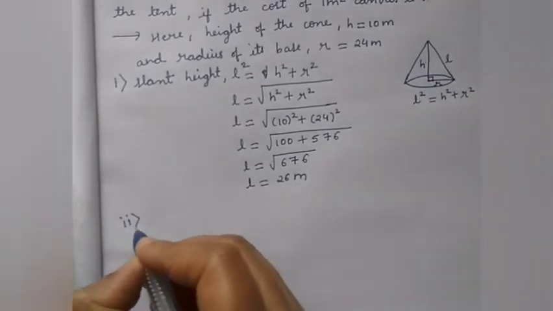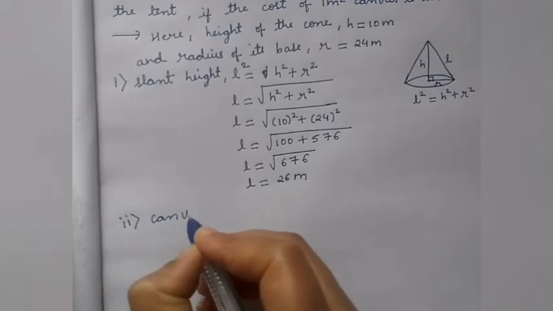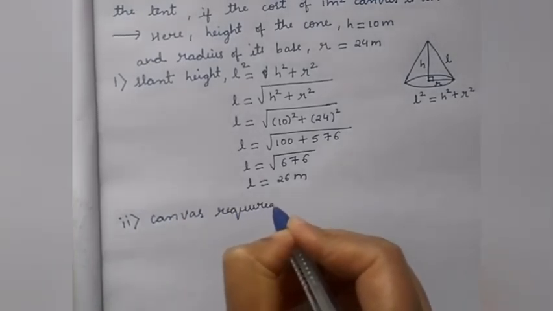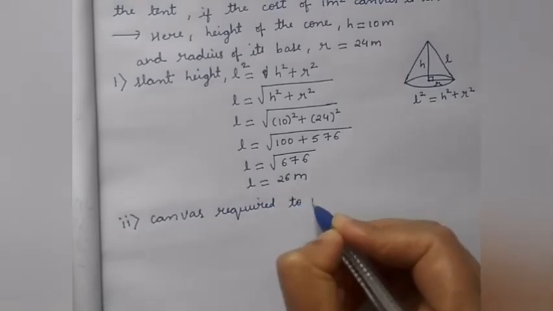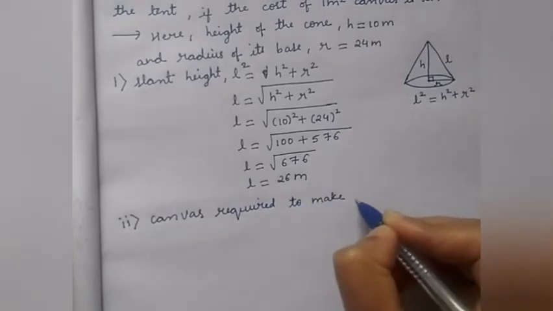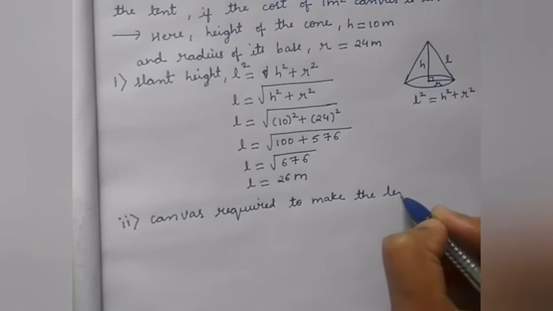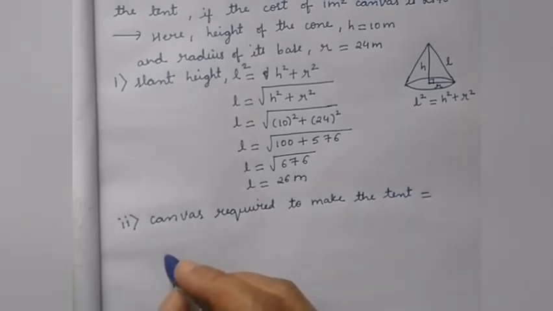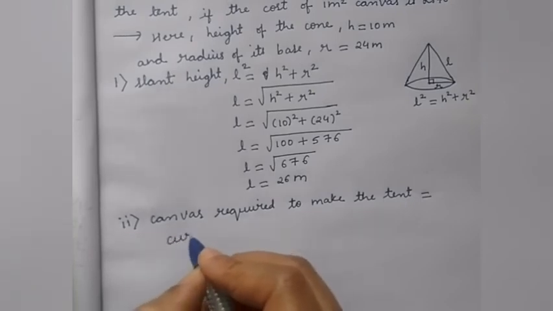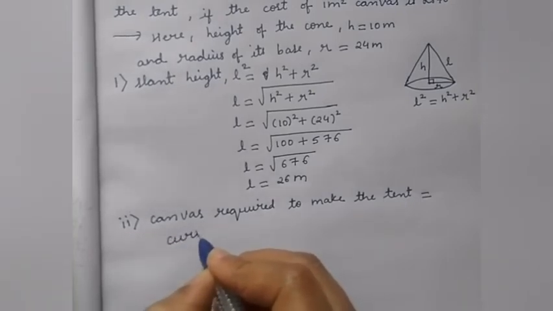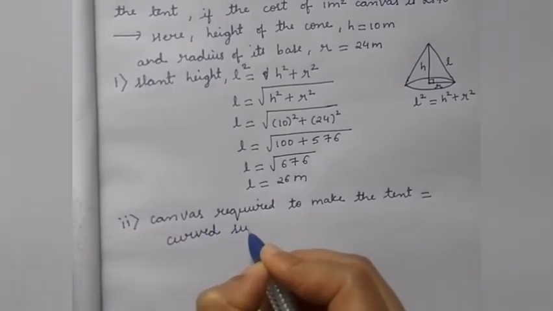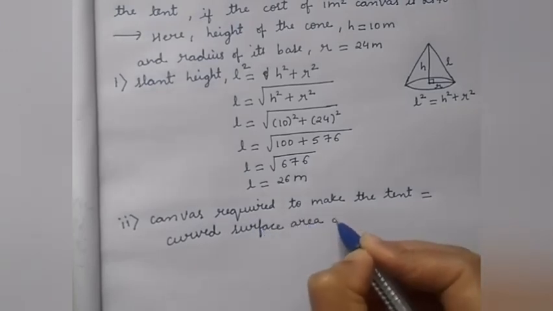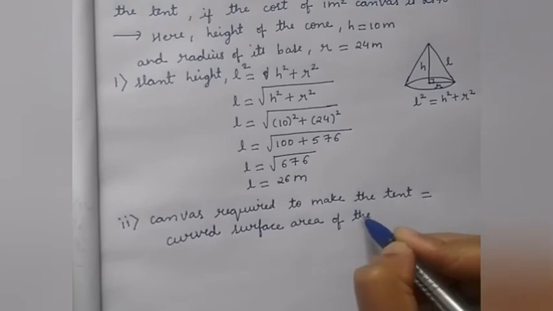So here, second thing, the canvas required to make the tent is equal to the curved surface area of the cone.